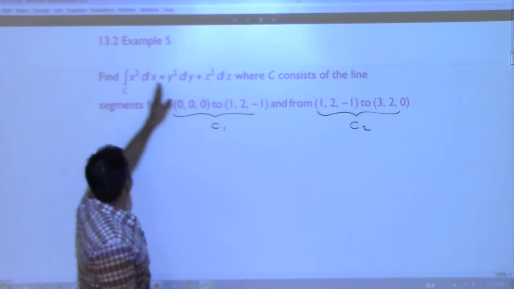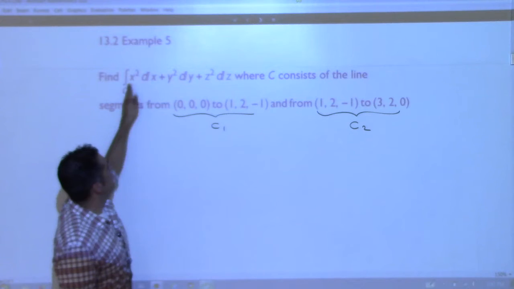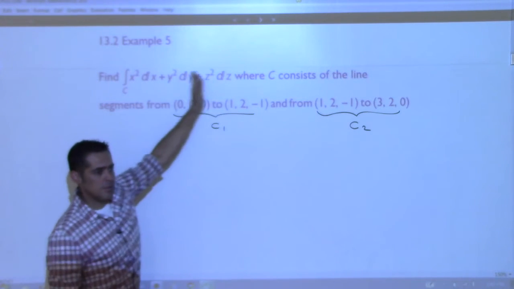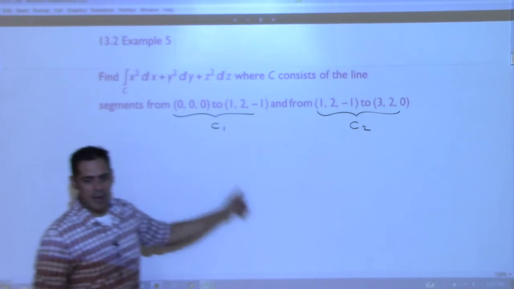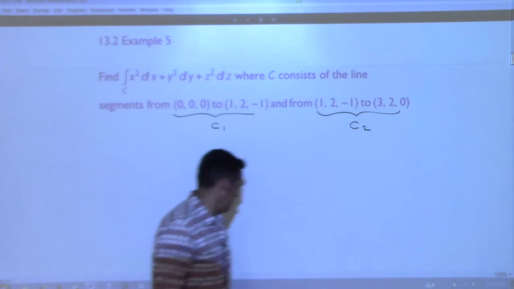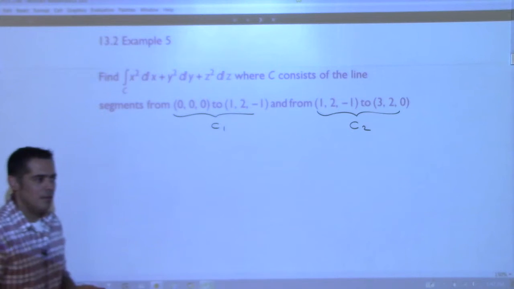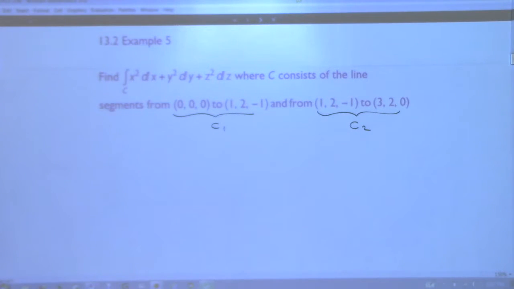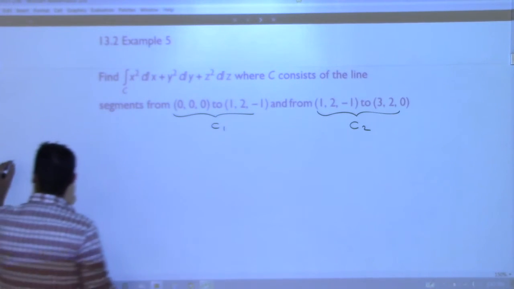So this line integral is going to break into three different integrals, and then each of those would have to break up into two, one for C1 and one for C2. That would take a little while, right? Maybe what I'll do is come up with the parametric representations of each of these, C1 and C2.